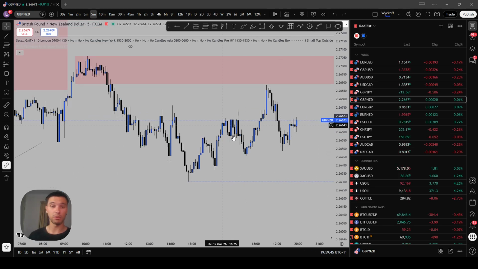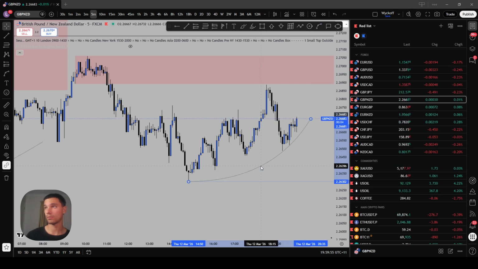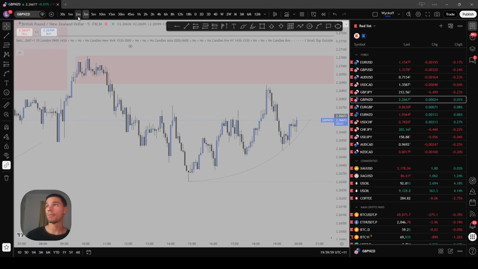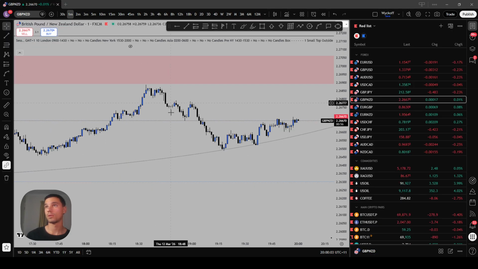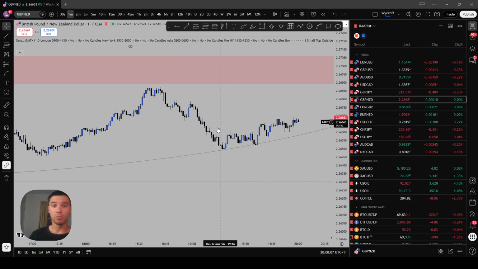Very nice lows building up below, so very, very clean. Which you do expect for these to get taken at some point. Very clean. And there's no real supply forming here either, which is interesting.